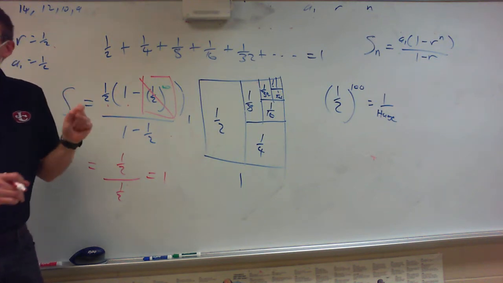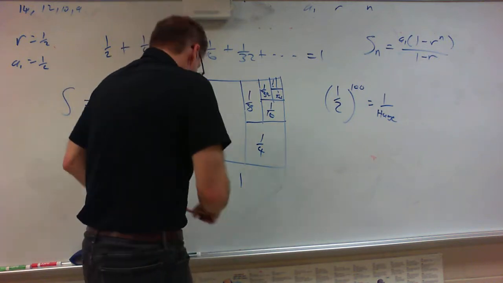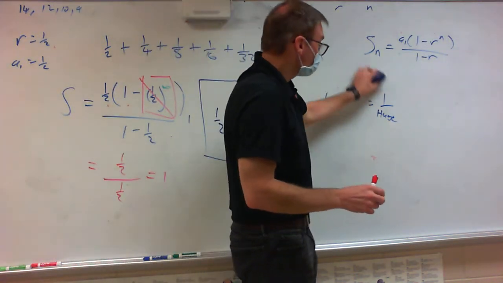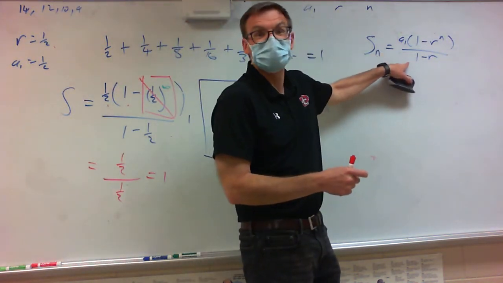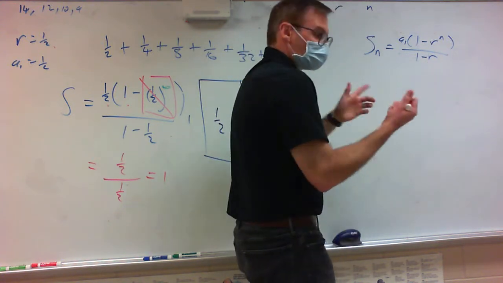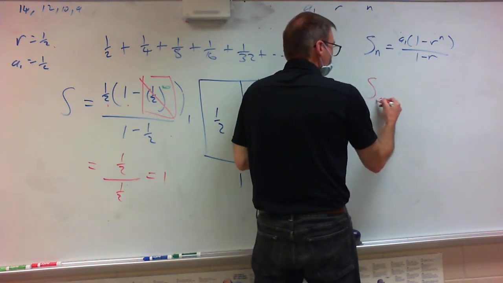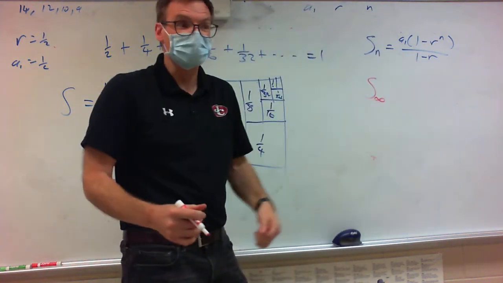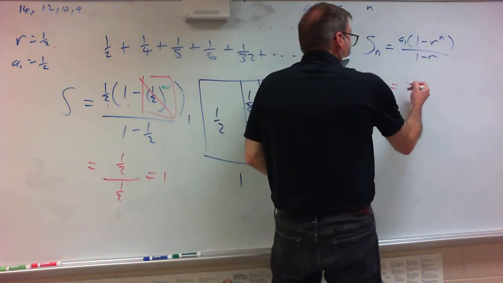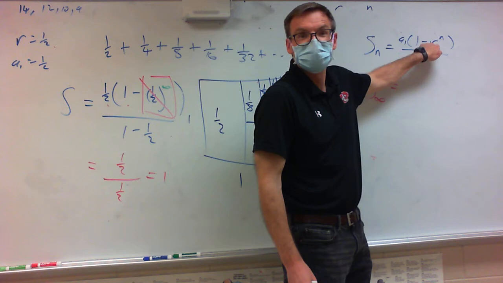Now, here's the cool part. When you have an infinite geometric series, it's a geometric series, so this is how you sum it up. But for an infinite geometric series, the notation is S with a little infinity, the sum of an infinite geometric series. And when they look at it, they say this thing is going to go away.